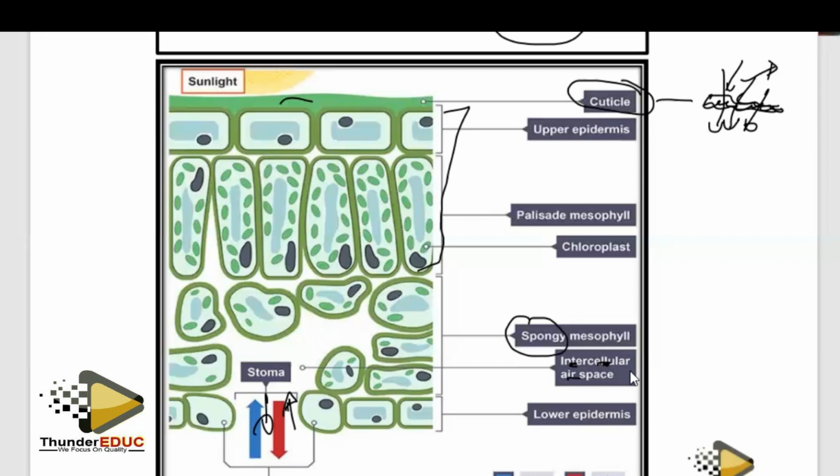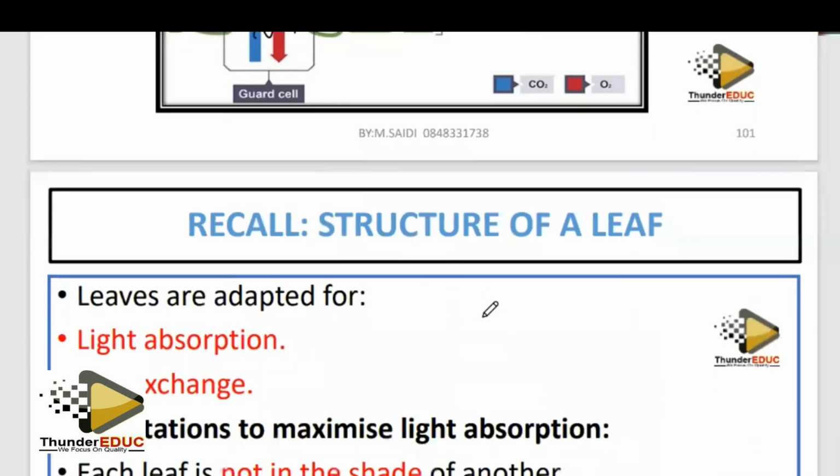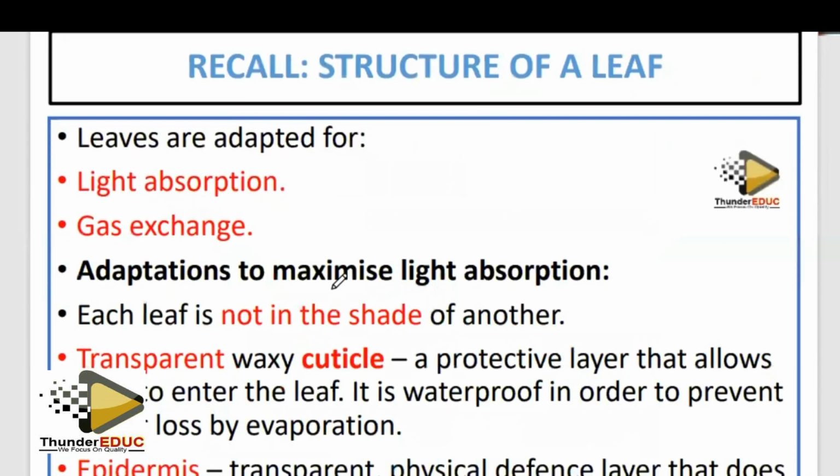This hole has a specific time when it opens and a specific time when it closes. So it's also another adaptation. There are so many adaptations which make this leaf suited for its function of photosynthesis.